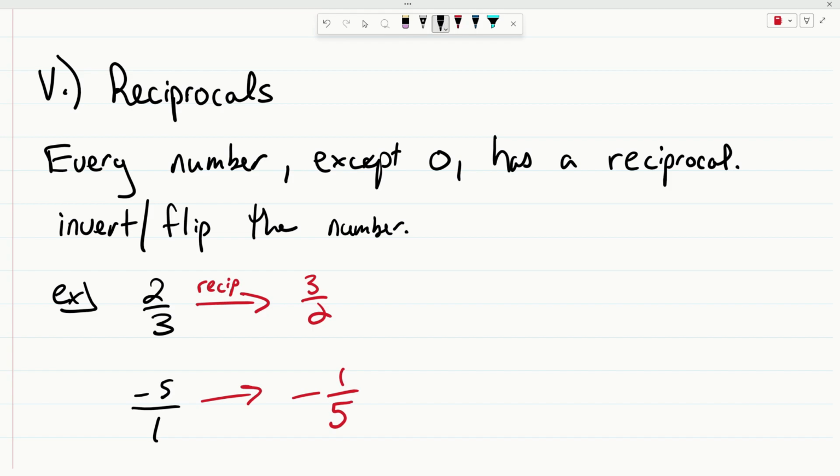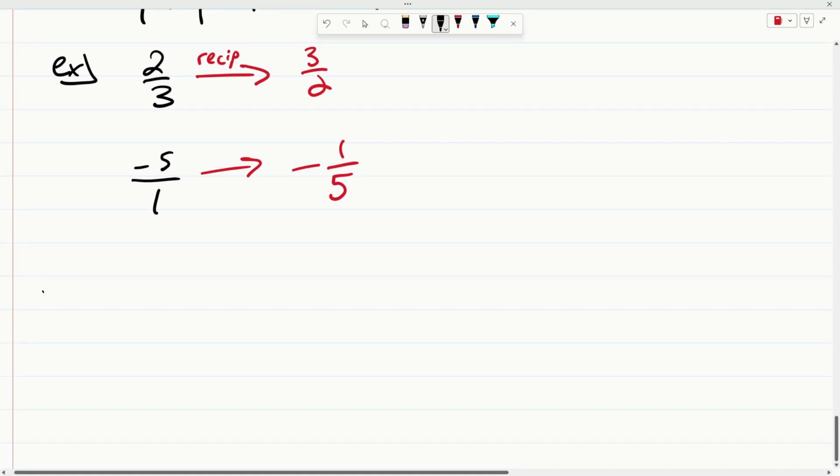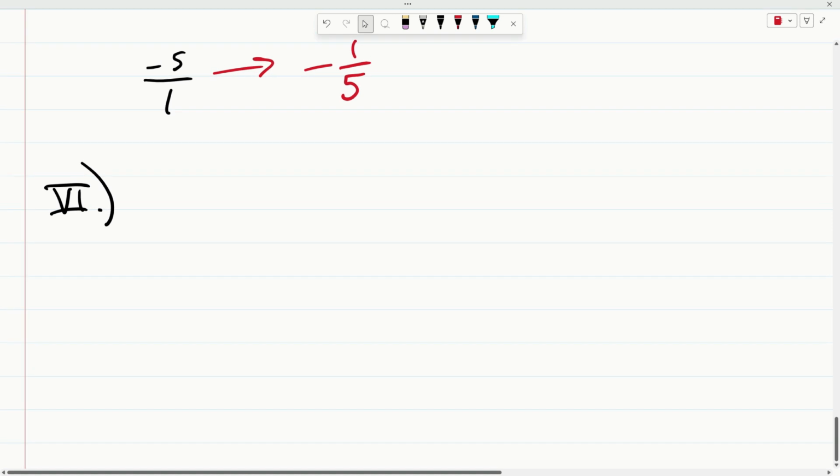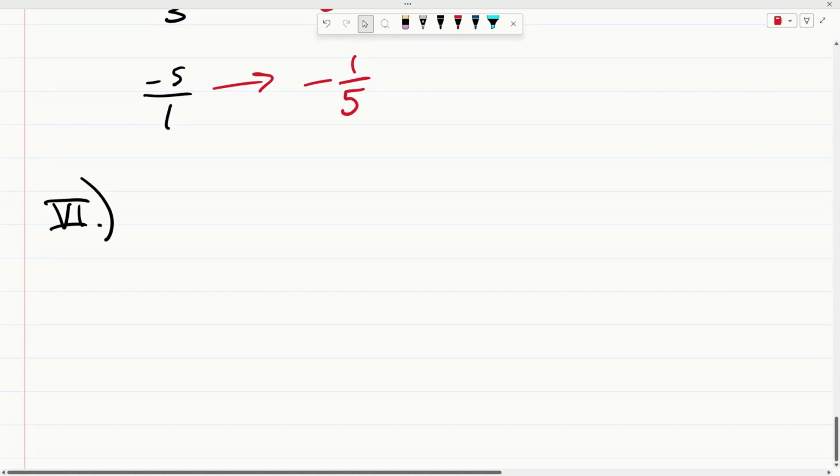Now, the last 2 things we're going to go over are probably new things, but you already know what they are. It's just maybe you didn't know they had a name.